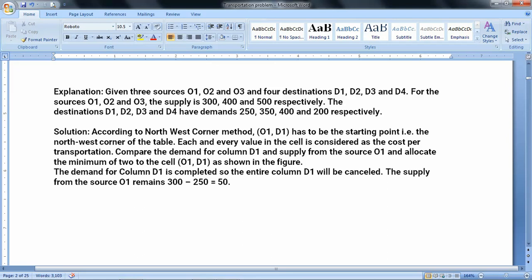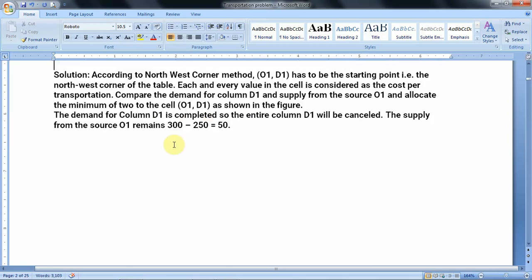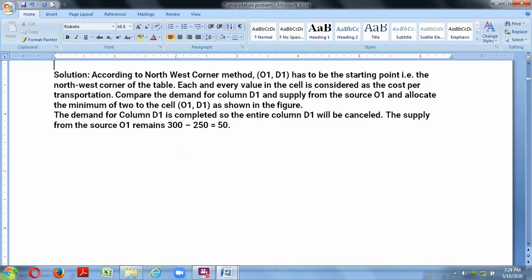Each and every value in the cell is considered as the cost per transportation. Compare the demand for column D1 and the supply from the source O1 and allocate the minimum of the two to the cell O1D1, as shown in the figure. The demand for column D1 is completed, so the entire column D1 will be cancelled.